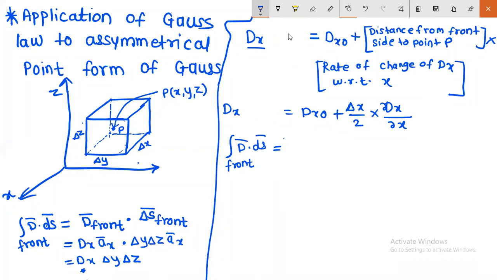And dx is equal to dx0 plus delta x upon 2 into del dx divided by del x, into delta y delta z, which is the differential surface area. Is this equation clear for you?